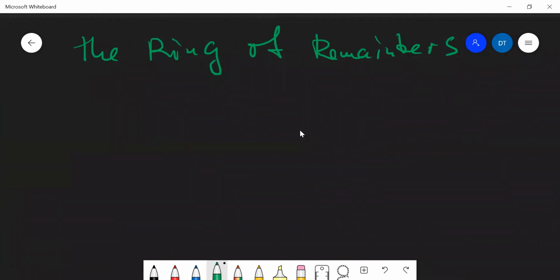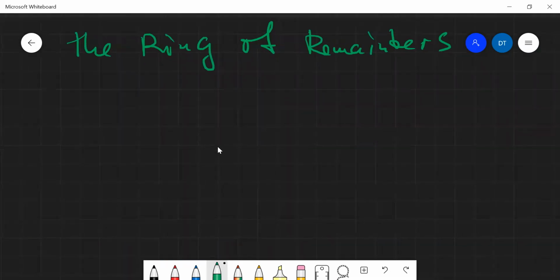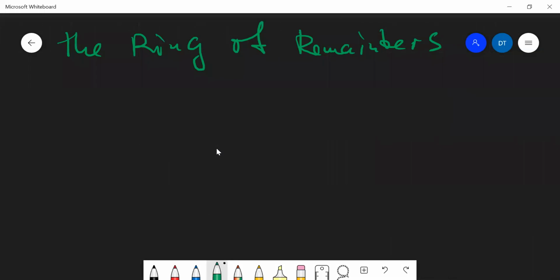You see, the ring of integers and the ring of polynomials in one variable are very similar because of the existence of the division algorithm, the Euclidean algorithm. This enables us to define exactly the same ring as we did in the case of integers, which is the ring of remainders.